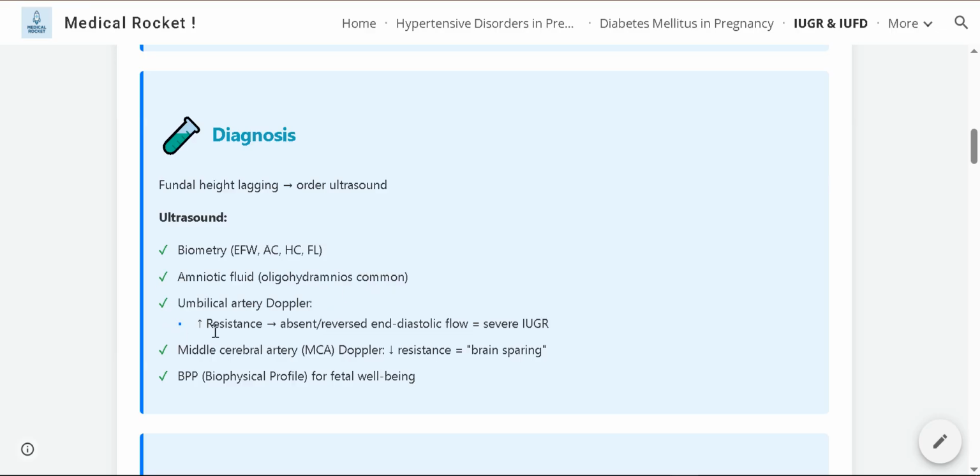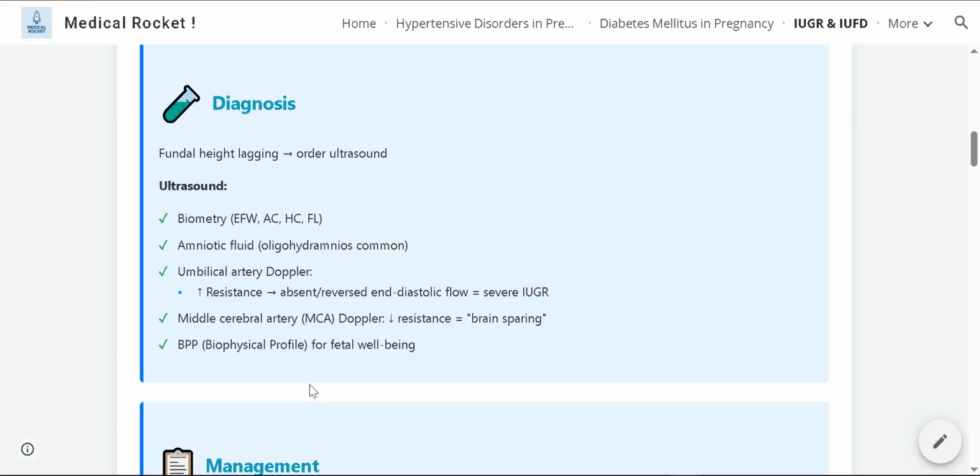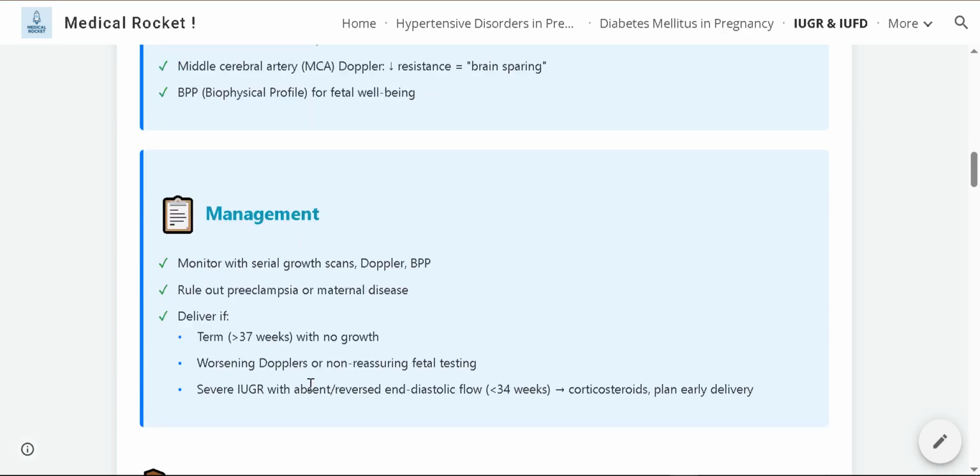Increased resistance, or absent or reversed end diastolic flow, indicates severe IUGR. Middle cerebral artery Doppler, decreased resistance. Brain sparing effect. And don't forget the BPP, biophysical profile, for overall fetal well-being. Mastering this framework helps you tackle any IUGR question they throw your way.